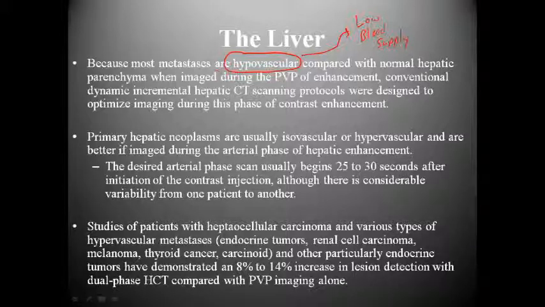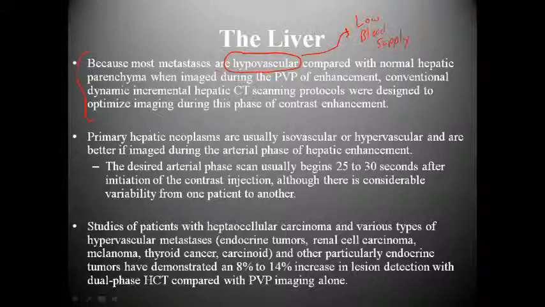Compared with normal hepatic parenchyma, when imaged during the PVP of enhancement, conventional dynamic incremental hepatic CT scanning protocols were designed to optimize imaging during this phase of contrast enhancement. So basically, what this huge paragraph is saying is that we've developed protocols so that we can best demonstrate liver mets because of them being hypovascular.